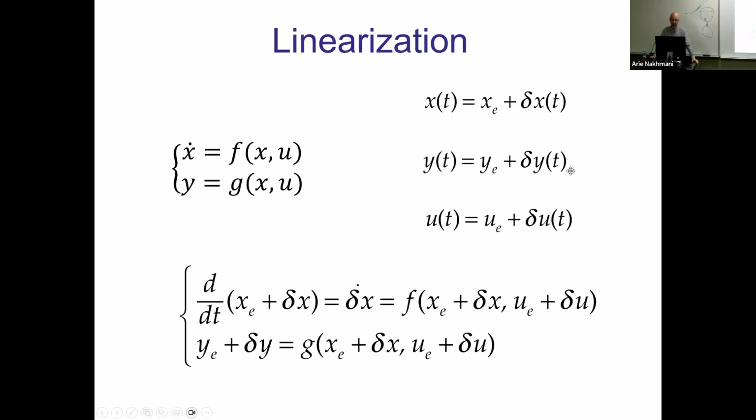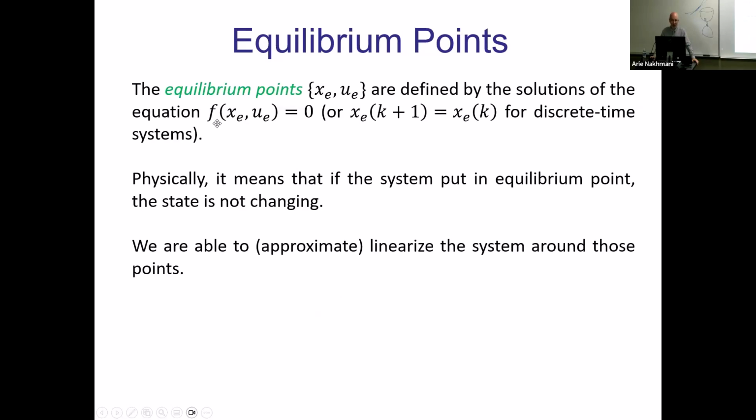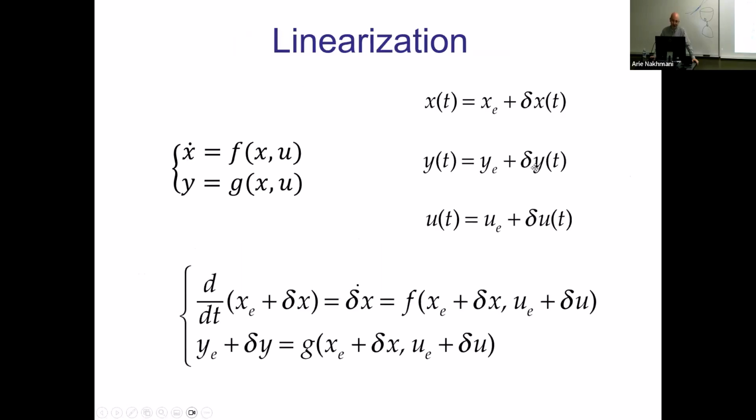Same thing I'm defining for y. So it's the y equilibrium point, which could be anywhere based on the equations that you solve here. Same equation you have for g. So you find that equilibrium point plus some small change in y, for which we will write the linear system. And same thing for u. So you will have that equilibrium u, which you found from solving the equation on the previous slide, plus or minus some delta.